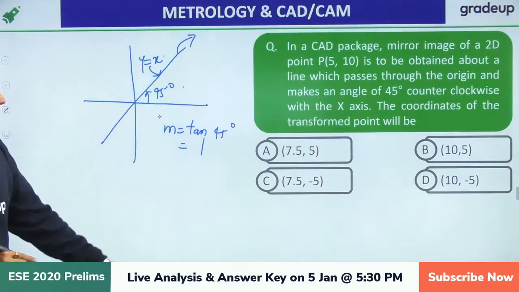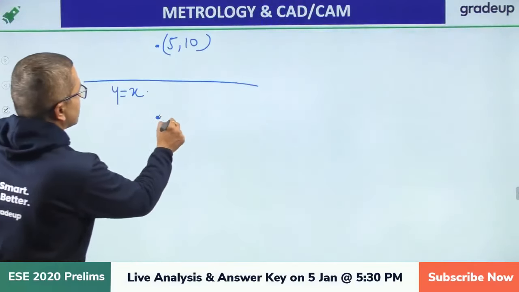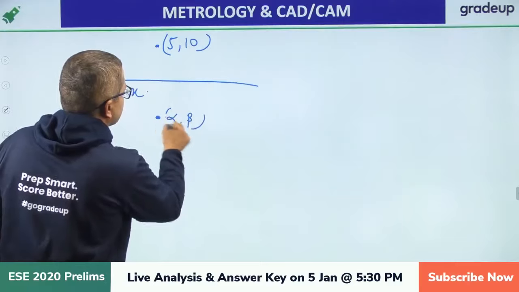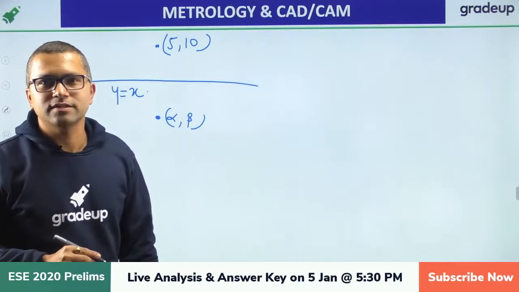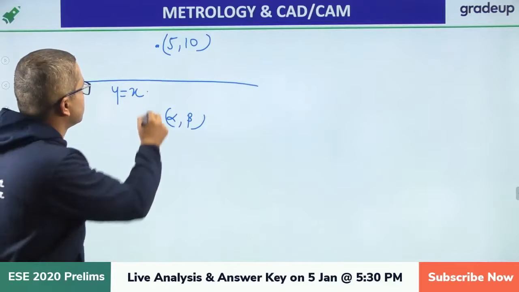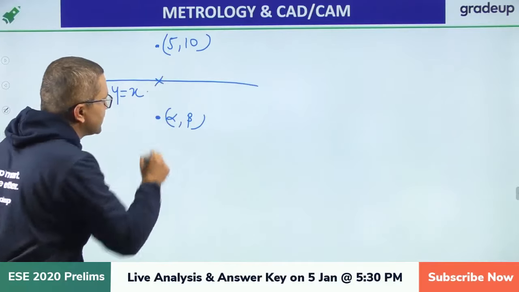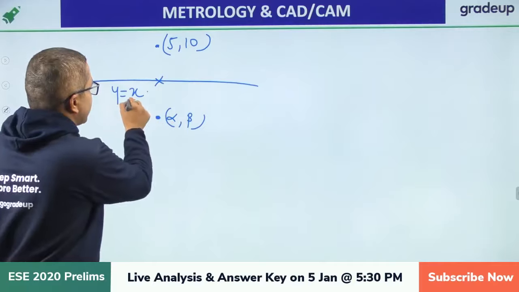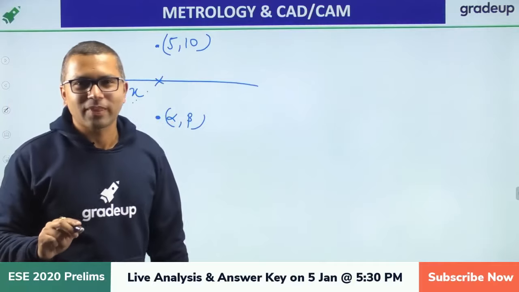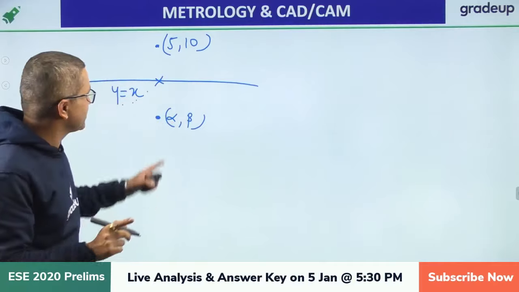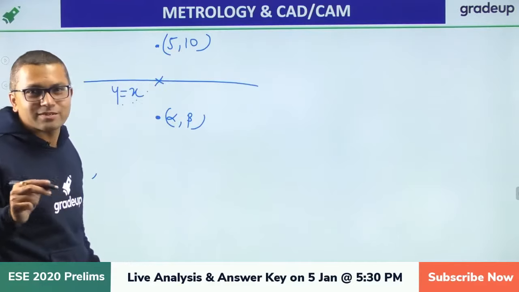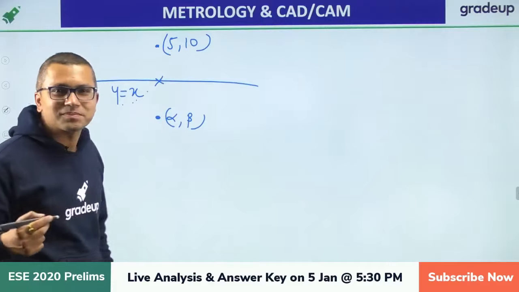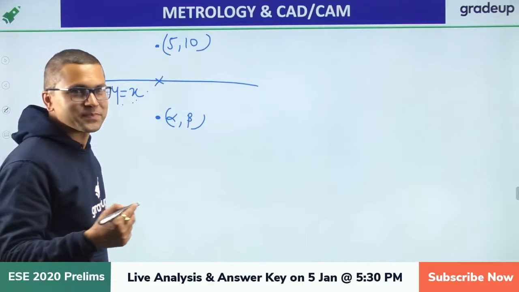Let's say that alpha comma beta is the image of 5 comma 10. So the midpoint of these two coordinates should lie on y equal to x, because these are mirror images.